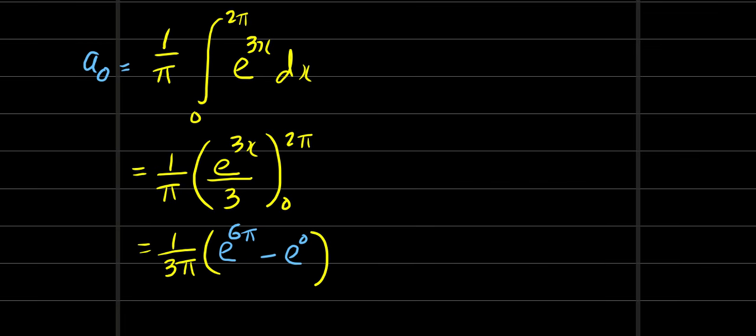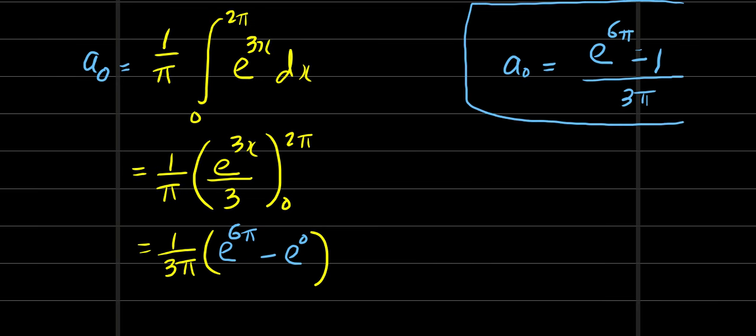So I'm going to write our a naught here. A naught is equal to e to the power 6 pi minus e power 0, which is 1, the whole divided by 3 pi. Let's put it in a box as always.